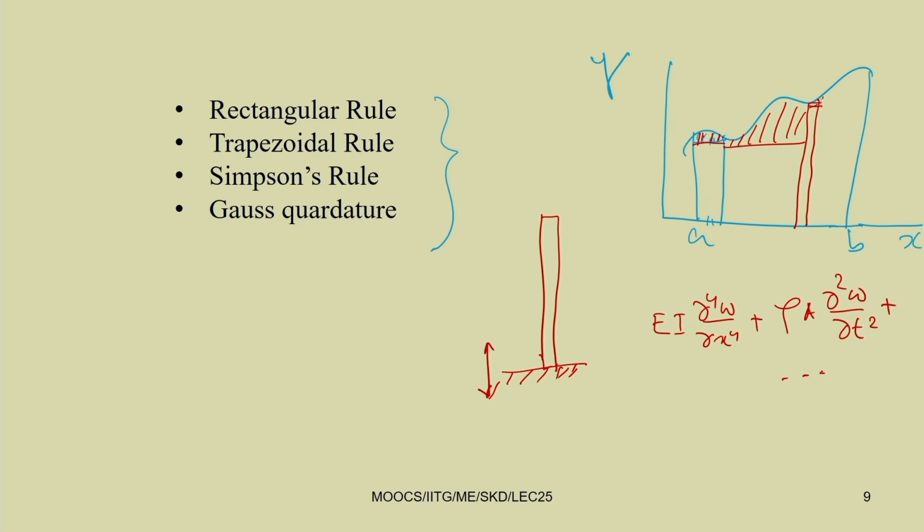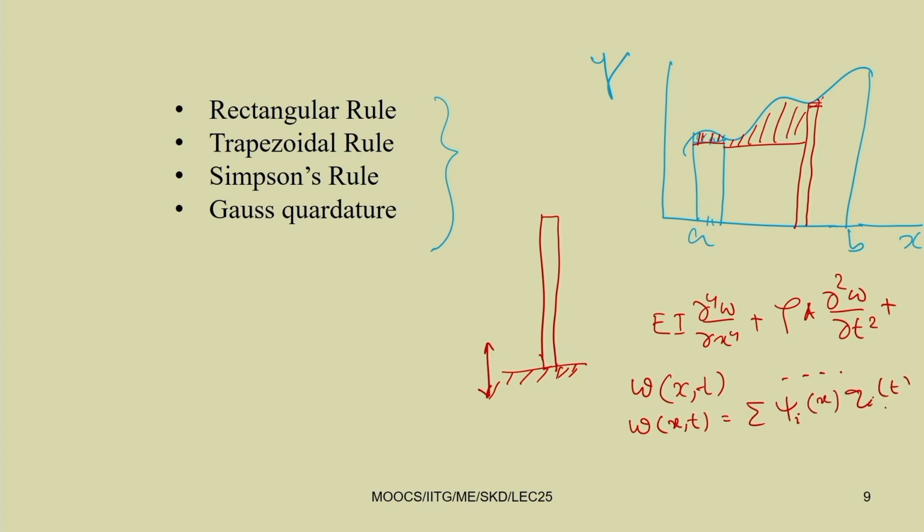Here W is a function of both space and time. To reduce it to its temporal form, generally we use W x t equal to summation psi i x into q i t.